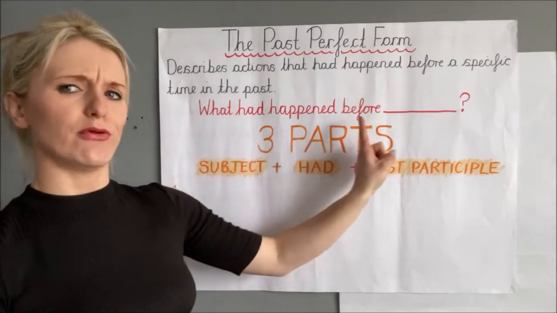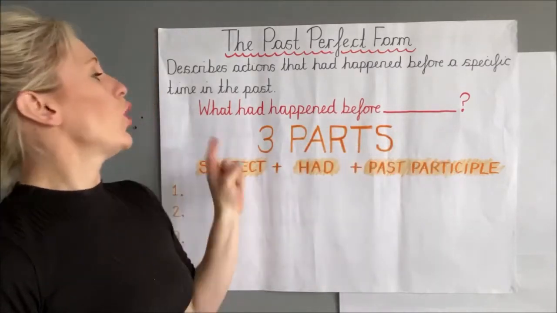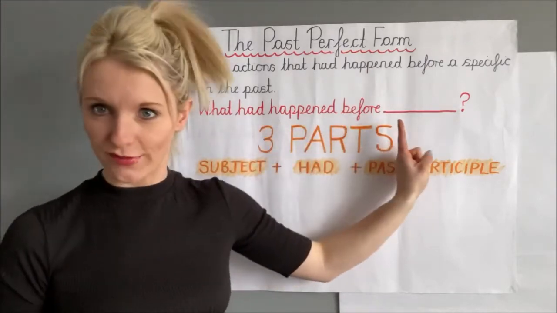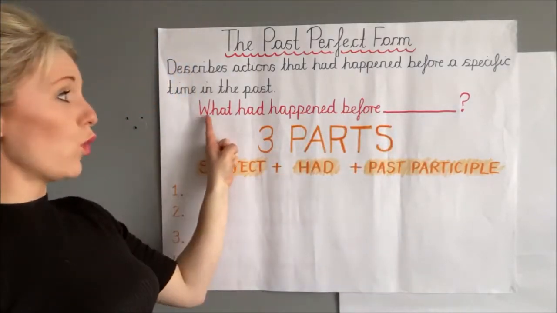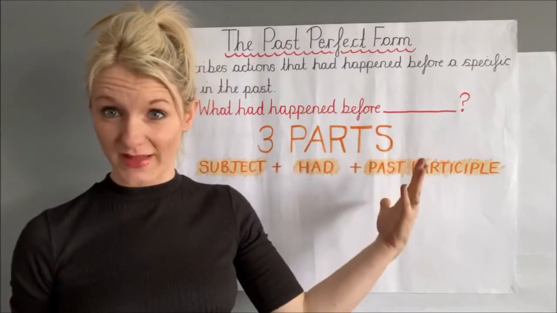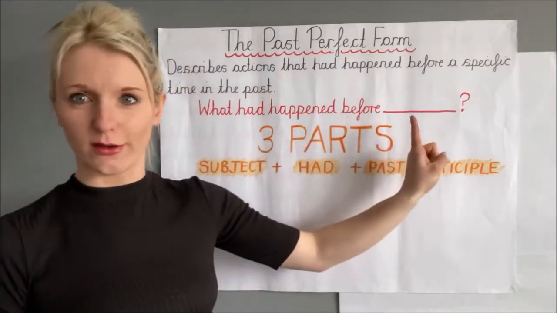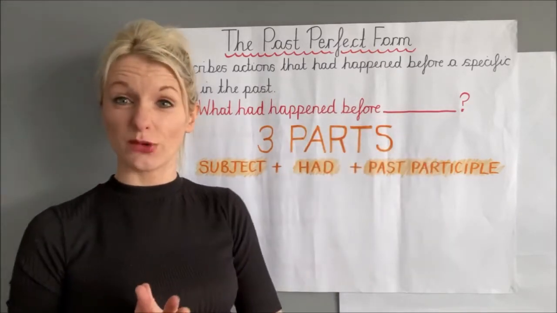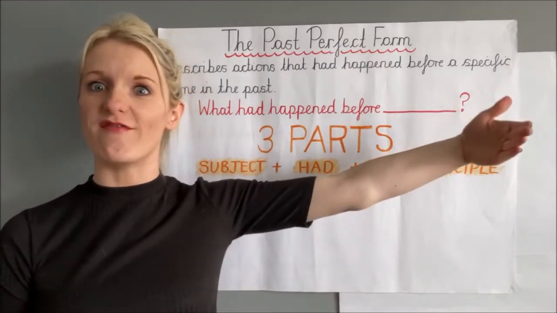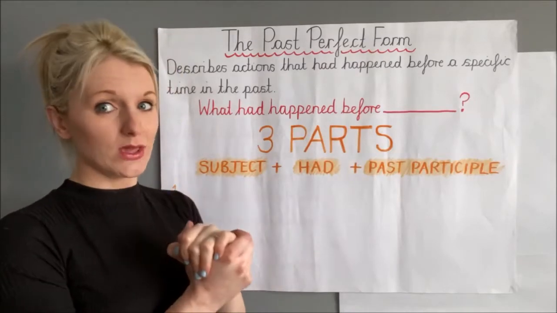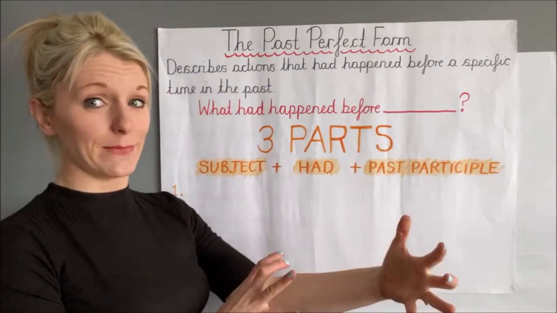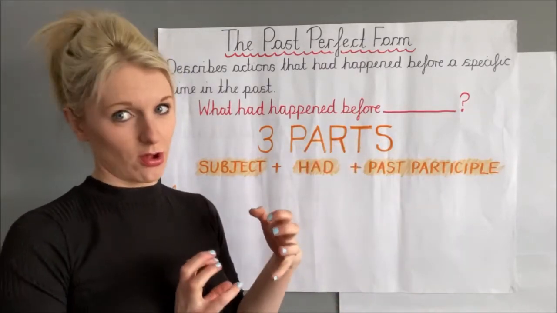What had happened before the accident? What had happened before your brother started crying? What had happened before the children were evacuated in World War II? What had happened before the dinosaurs became extinct? So it can be the recent past or a very long time ago, but we're talking about something that had already happened before that time.